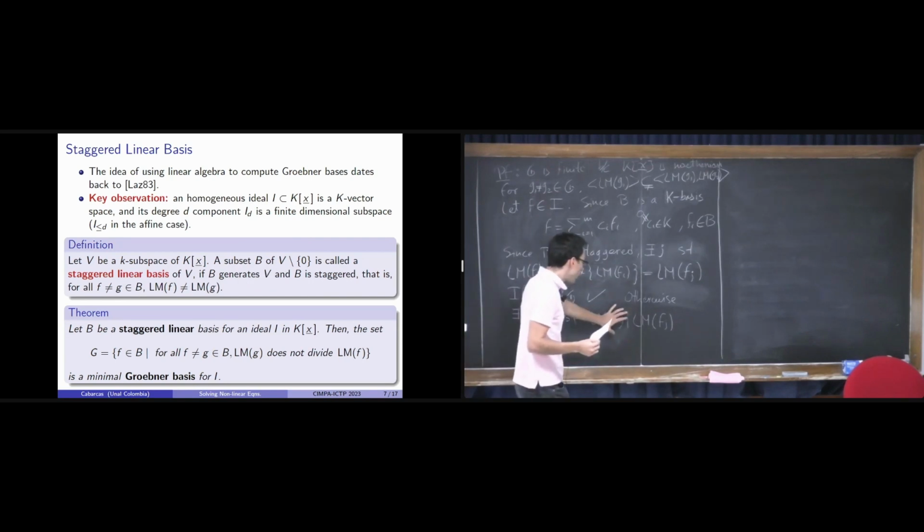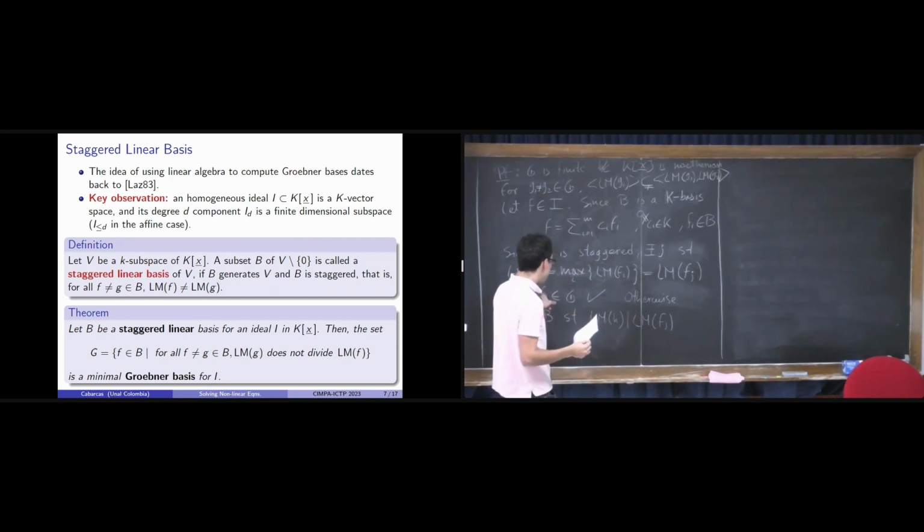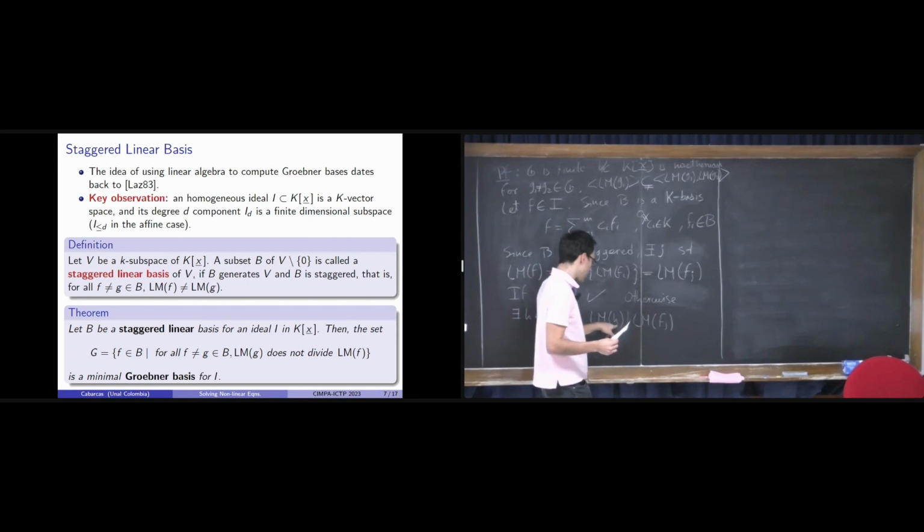Right? Otherwise, it would have been included there. If there was no leading monomial in B that divided the leading monomial of fj, then fj had to be in G. So if it's not in G, there must be some polynomial h in B whose leading monomial divides the leading monomial of fj.